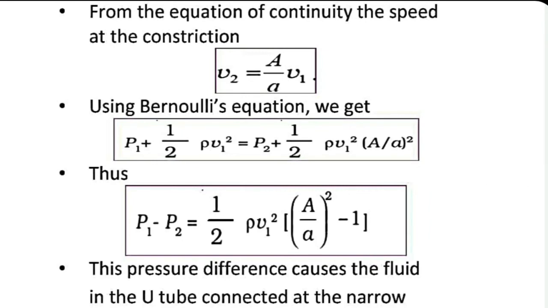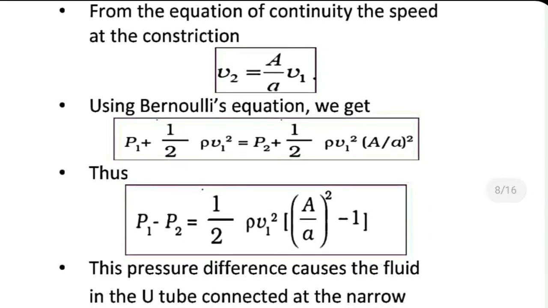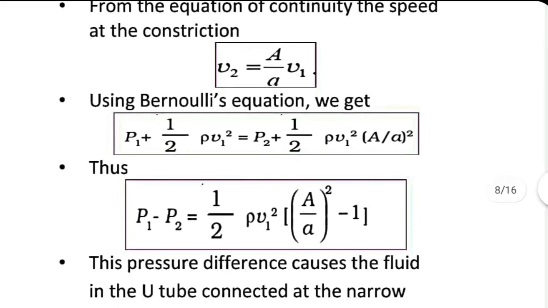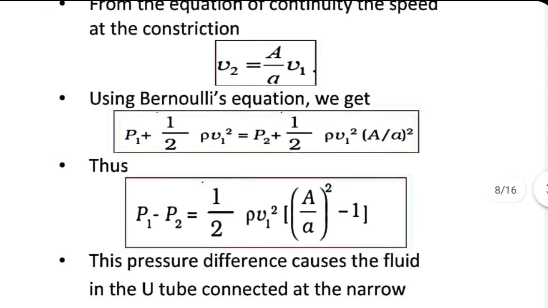Now here we have the expression for P1 minus P2. We know what P1 minus P2 is, the difference in pressure between the two areas. That means at area capital letter A, the pressure is P1, and at area small letter a, the pressure is P2. So P1 minus P2 corresponds to the pressure difference, and that difference in pressure is shown by the level of liquid in the manometer.